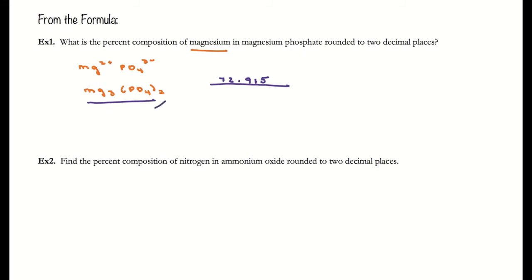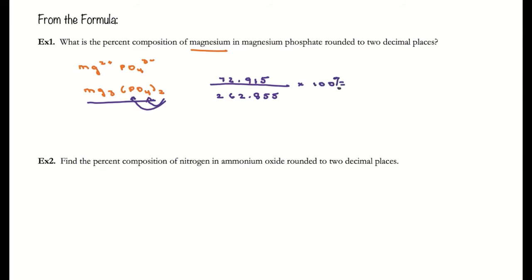I need to make sure to multiply by 2, though. And then I'm going to add to that the molar mass of oxygen, 15.999, multiplied by 8 because I have 8 oxygens here. And so the total molar mass that I get for magnesium phosphate is 262.855.